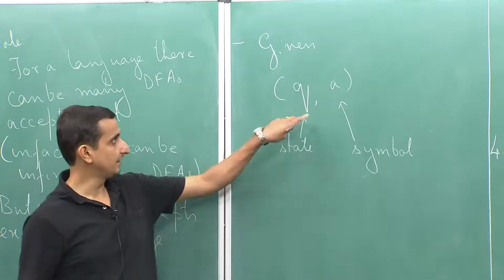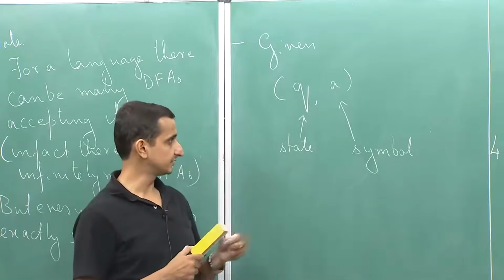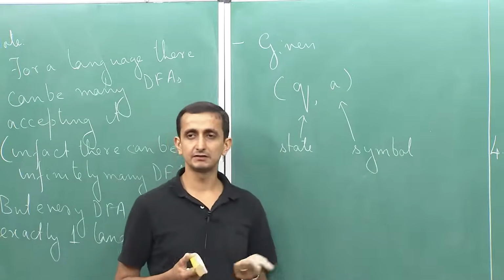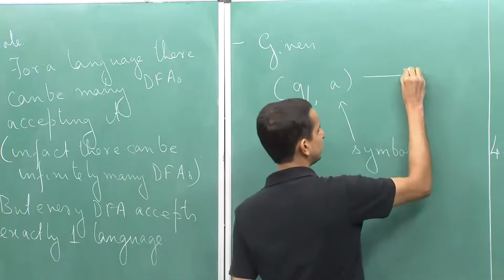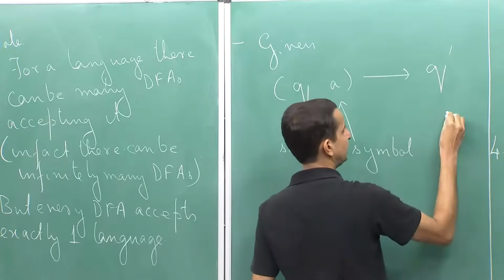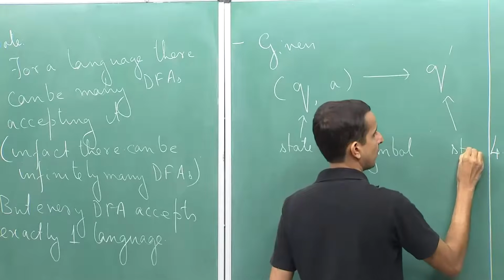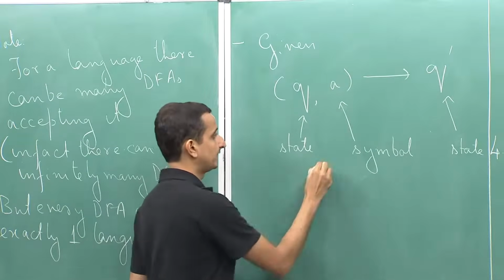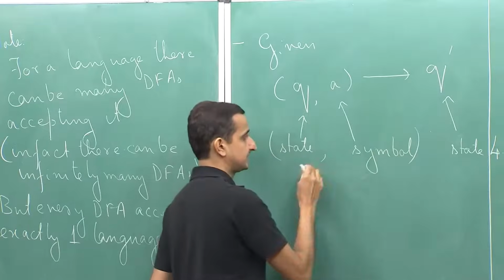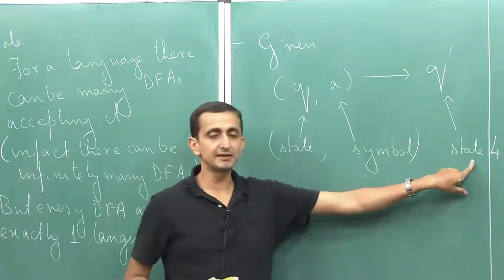From a given q comma a pair, by the definition of the transition function, the way we defined the transition function for a DFA, there is a unique state q prime that the automaton goes to. Okay. So, from a state comma symbol pair, the automaton always goes to a unique state.